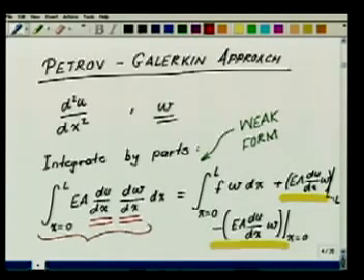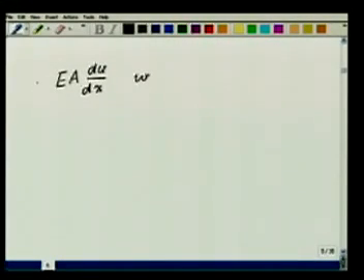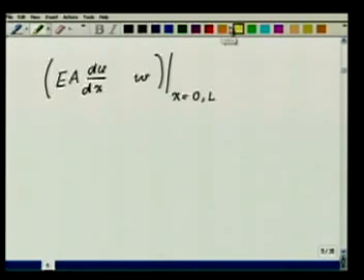Another nice thing of this formulation is in the boundary terms. If I look at this part, EA du/dx, and I put this w a little apart, let's take the point x equal to 0 or L. What does this part specify?